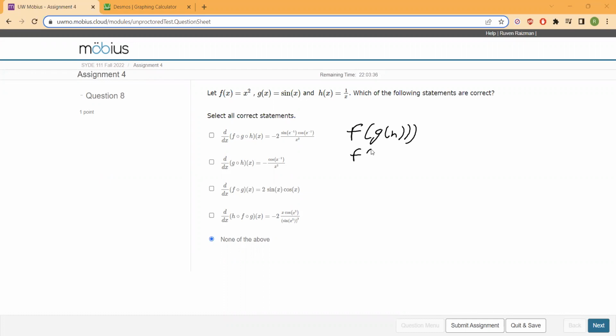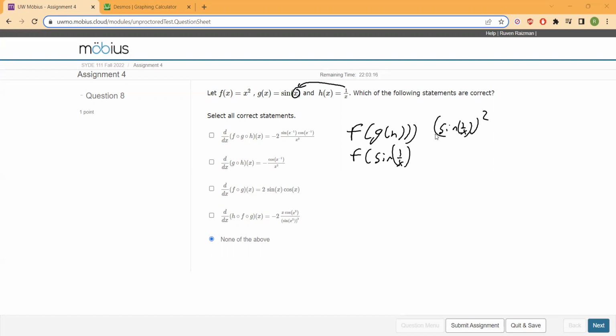G of h is going to be sine of 1 over x. And then f. The way you do this is you just see where your x is and plug in what's there. It's composite functions. And then finally, we're going to do x squared. So it's going to be sine of 1 over x, and all of this squared.